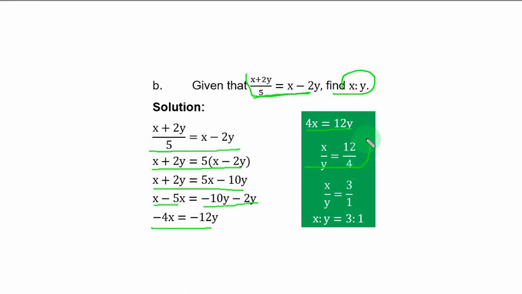If you simplify the right hand side, you have 3 over 1. Now you can express a fraction as a ratio and vice versa. So S over y also implies S ratio y, and 3 over 1 implies 3 ratio 1. Therefore, S ratio y is equal to 3 ratio 1.